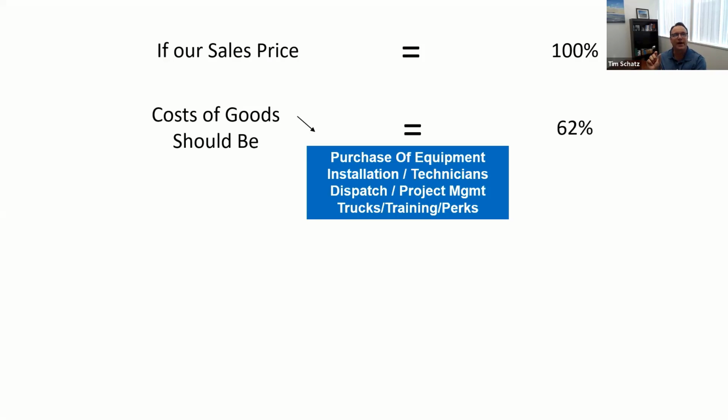It's also the ancillary support personnel within operations. We are going to have an allocation for things like dispatch or project management, operations manager. We also have other costs within operations that we typically are going to have. We might have vehicles. We have technician training, perks, benefits. Also, all of the labor load on all these people.